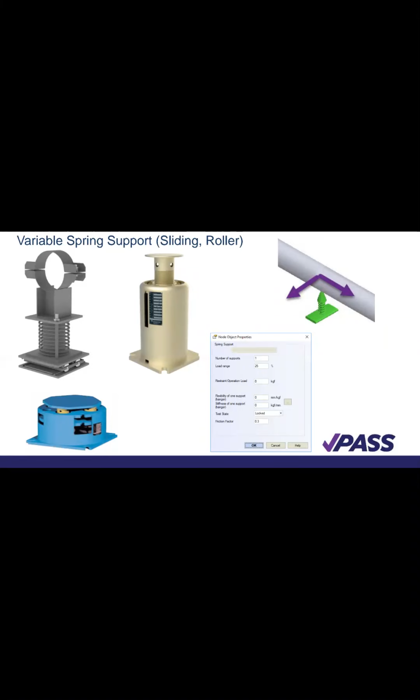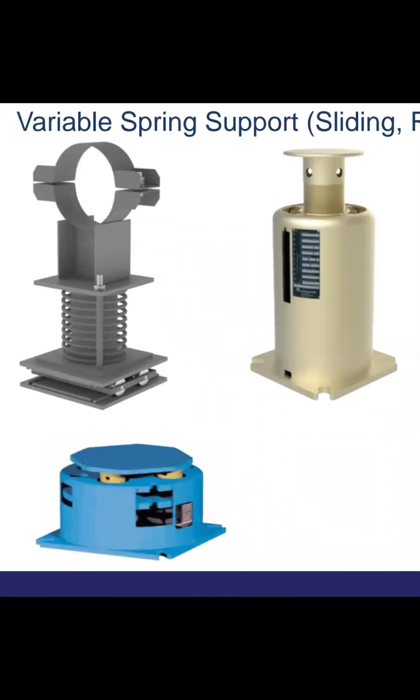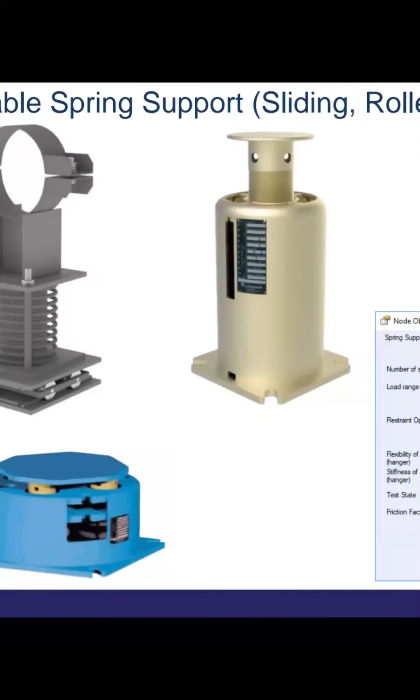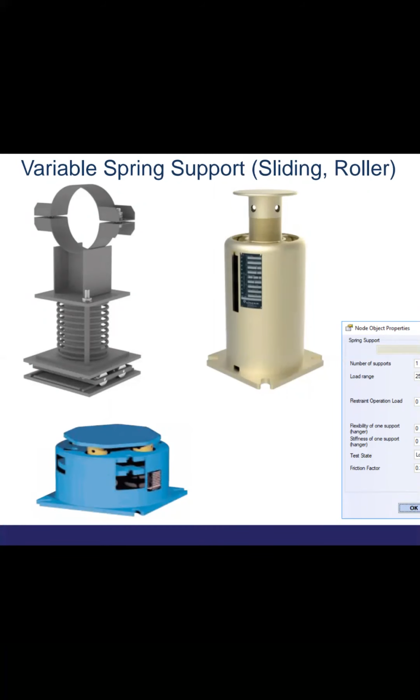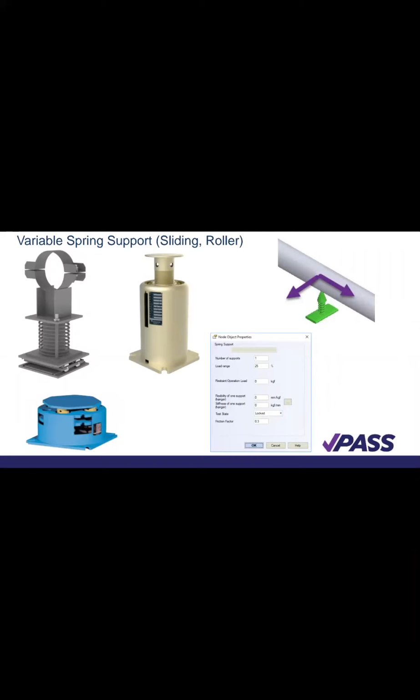It is called variable because you can increase the size or the length of the spring. It has fixtures that allow for that. If you watch it very well, you see a bolt and a nut that is there, so you can adjust the variable spring to the extent at which you want it. It's a variable spring support because there is a spring in the support.